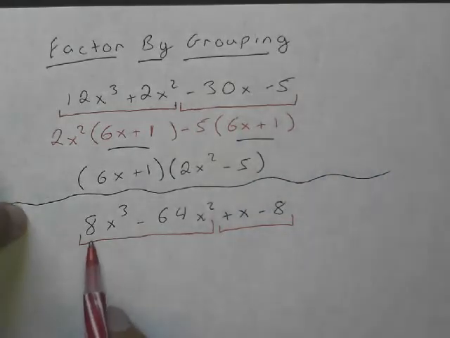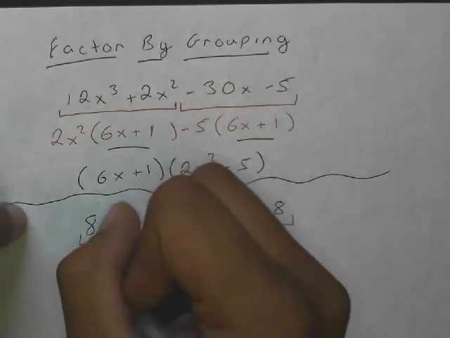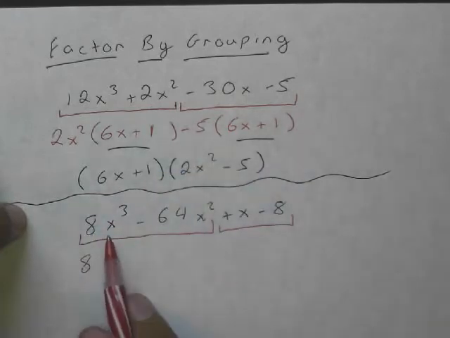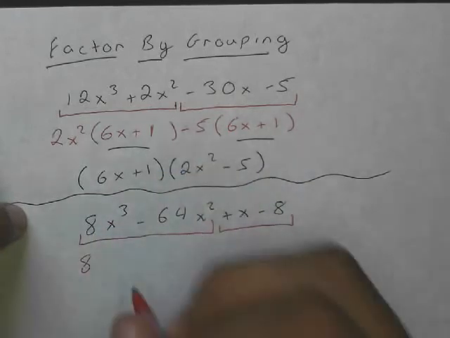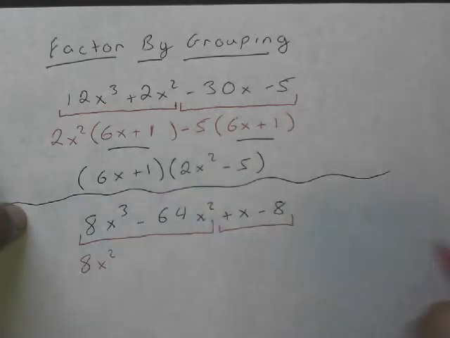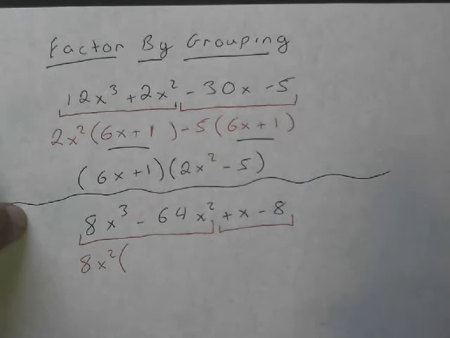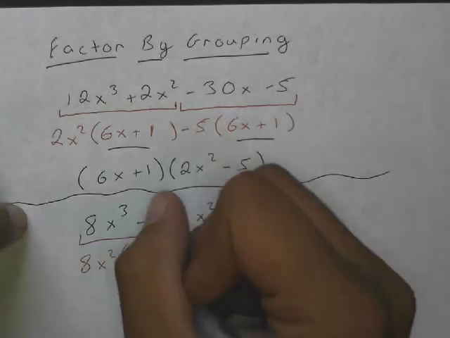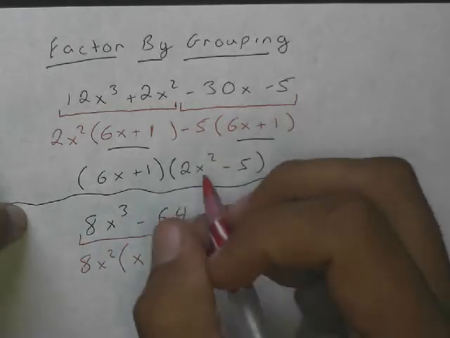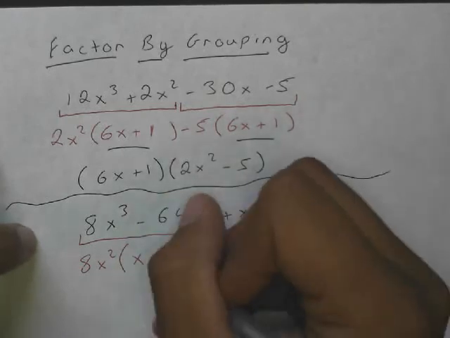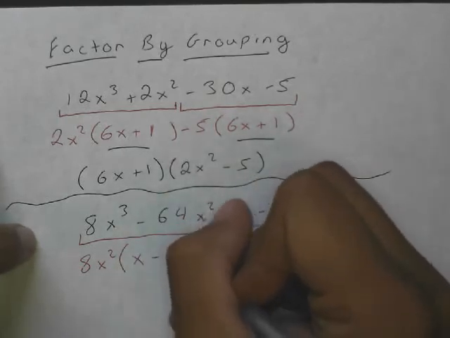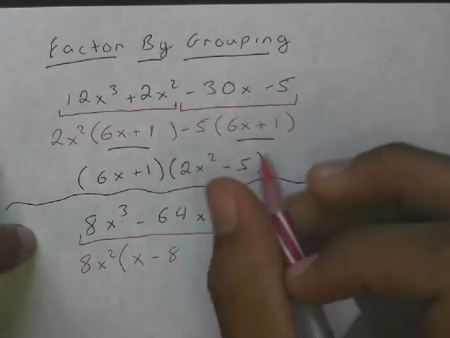Now, from here, I have an 8 and a 64, so I can take out an 8 there, and an x cubed and an x squared, so I can take out an x squared from both. What does that leave me with? Well, I took out the 8, so I just have a 1, and I took out 2 x's, so I'm just left with an x. From here, I've taken out an 8, so I'm left with a minus 8, and I've taken out both x squareds.